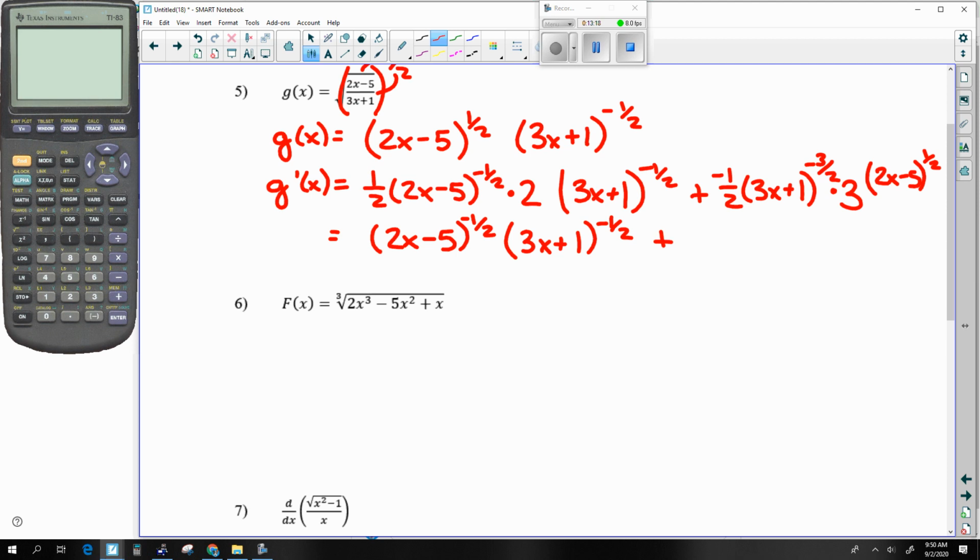In the second portion, it's not a plus. It's going to be a minus because I have a negative 1/2. So I have a negative 1/2 and a 3, so that's going to be a minus 3 over 2. And then I have a 3x plus 1 to the negative 3 over 2, and a 2x minus 5 to the 1/2. Okay.